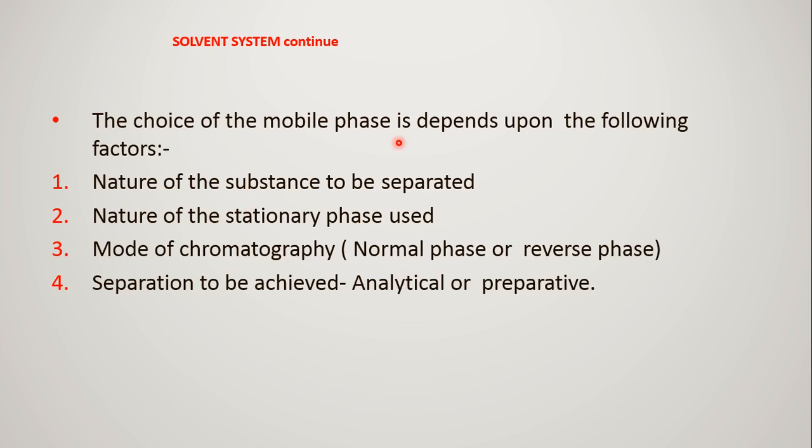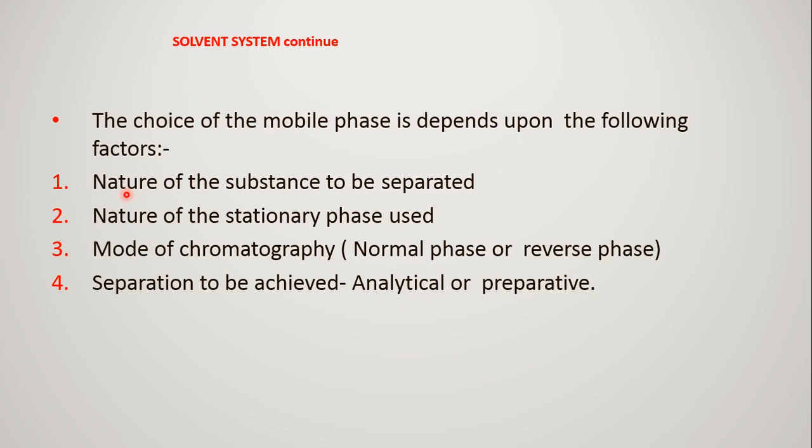Now the choice of mobile phase depends upon the following factors. As I always say, which type of mobile phase or stationary phase we use depends on the nature of the sample, the nature of the substance to be separated.